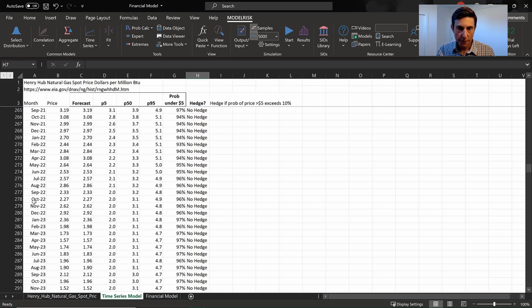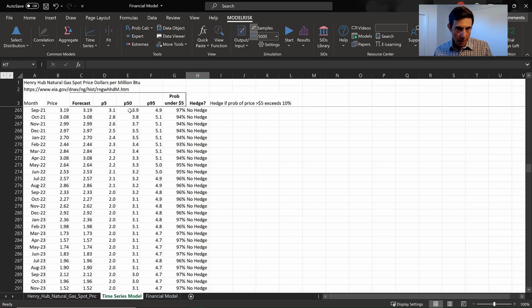The person in charge of hedging is saying, what's the probability of the price next month exceeding $5? If that probability is greater than 10%, we're going to hedge. So right there, we can see how we can influence decision making, not by giving a single point forecast. I'm not telling them what the price is going to be.